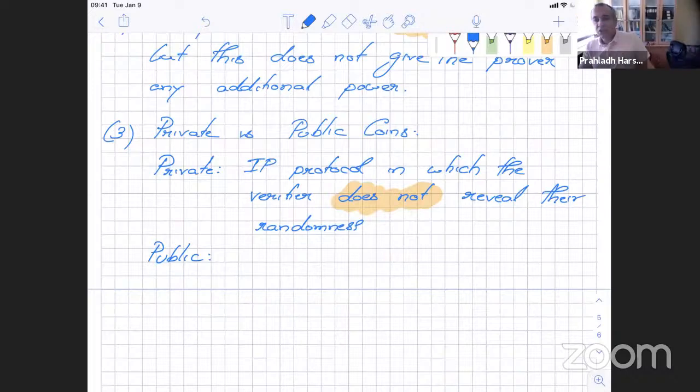There is a cheating prover that causes you to accept. It was important for the soundness of the graph non-isomorphism protocol that it was a private coins protocol. If it was public coins, the soundness breaks down. The soundness relied on the assumption that the verifier did not reveal the coins to the prover. So public coins is exactly the setting in which the verifier reveals the coins.